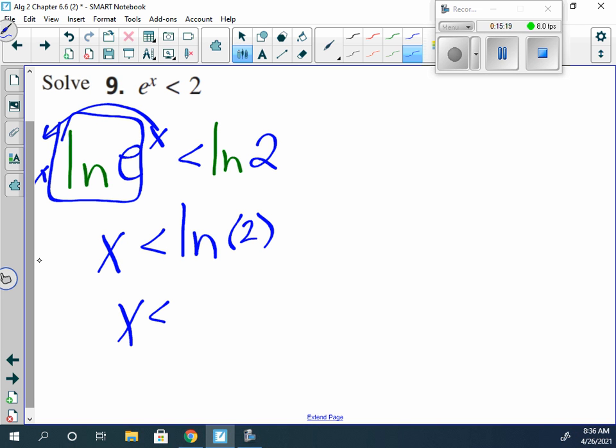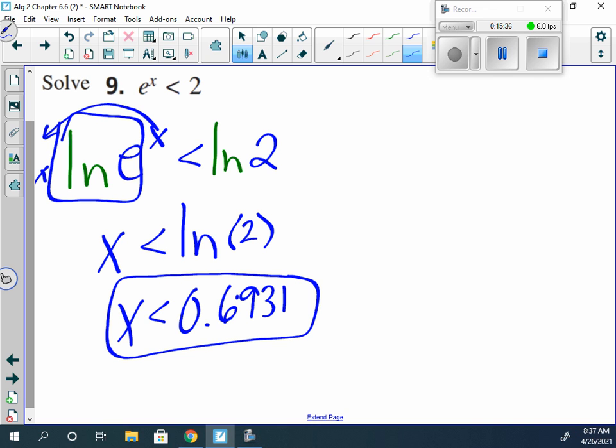At this point, we just have to type in ln of 2. 0.6931, or if it wants 3 decimal places, 0.693. Either one of these will work.